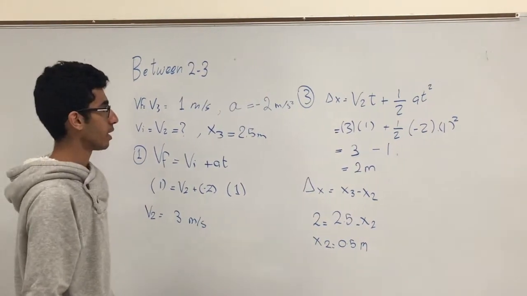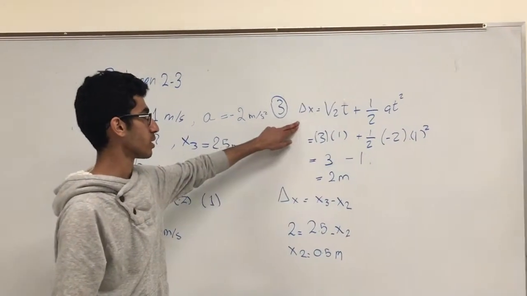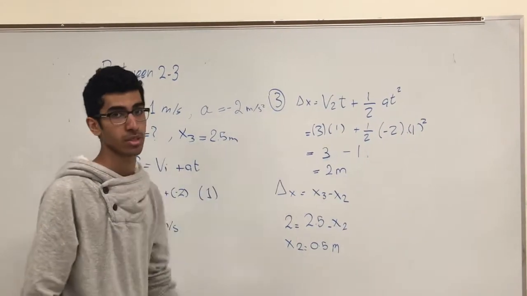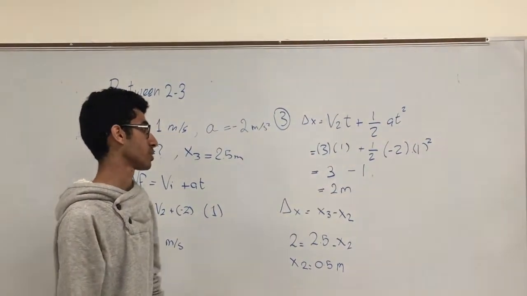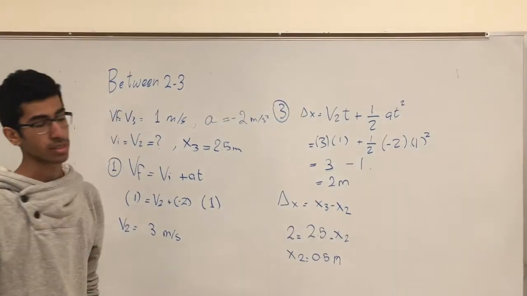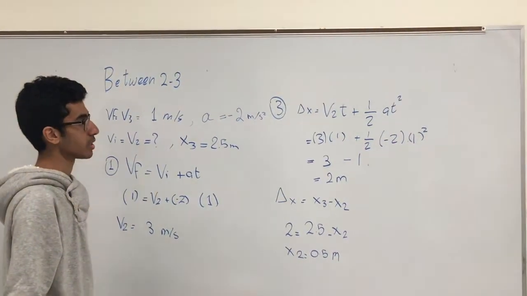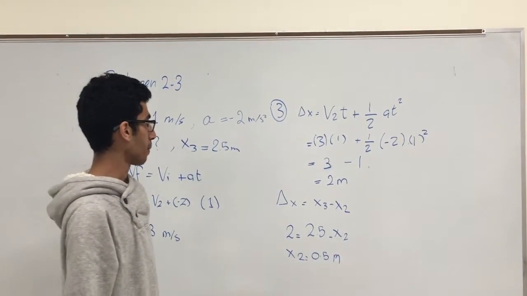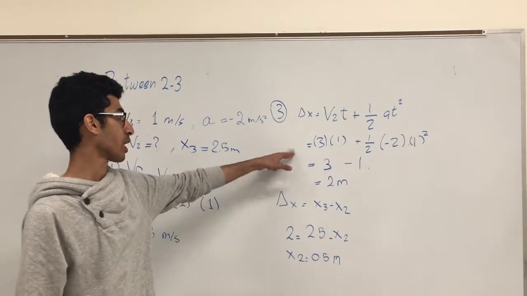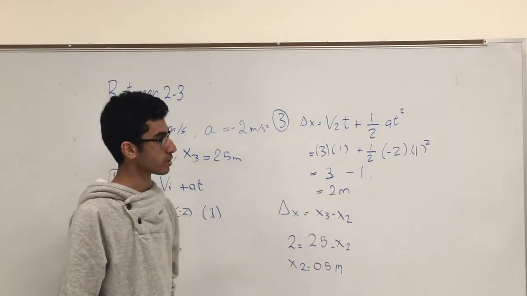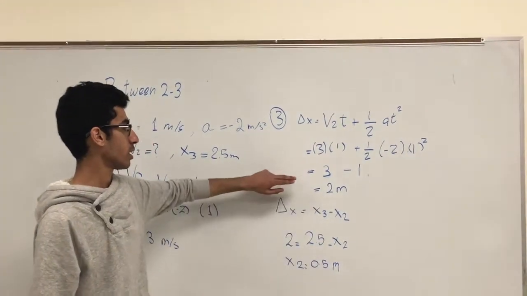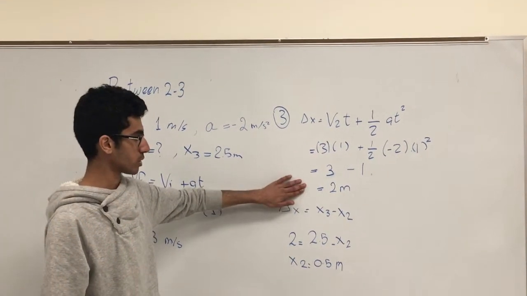And to find the delta x, we can use the third equation of the kinematic equations, which is V2 times t plus half times acceleration times time squared. Then we will have 3 times 1 plus half times 2 times 1 squared, and we got 2 meters.